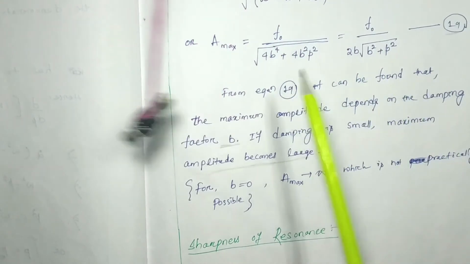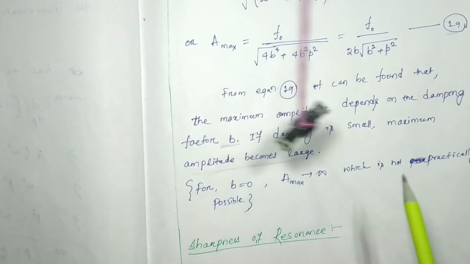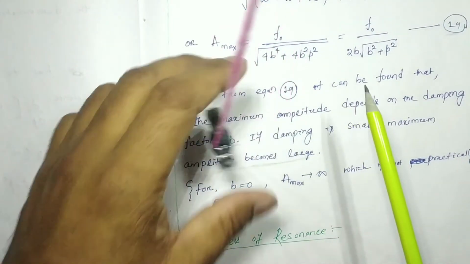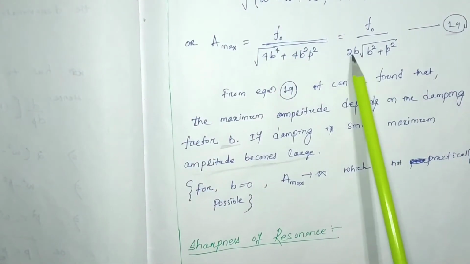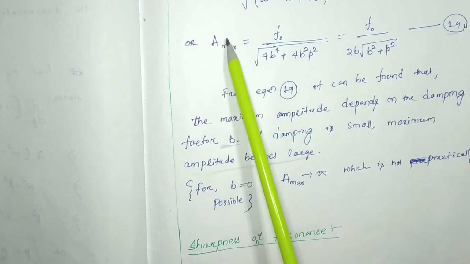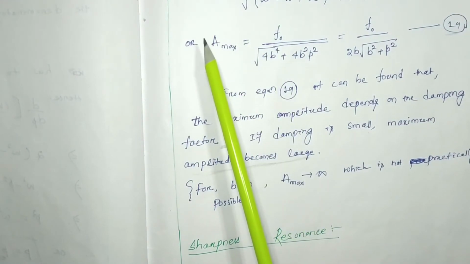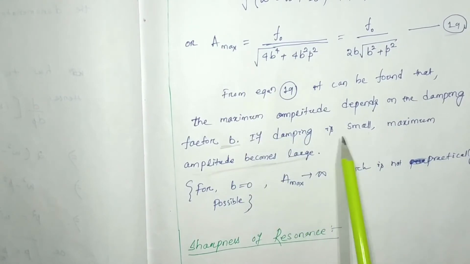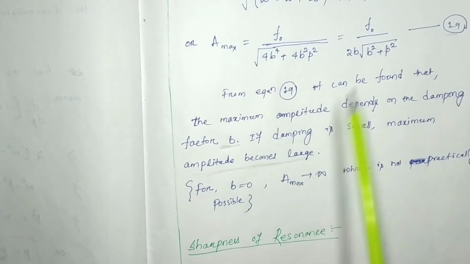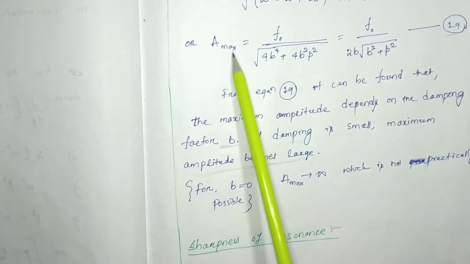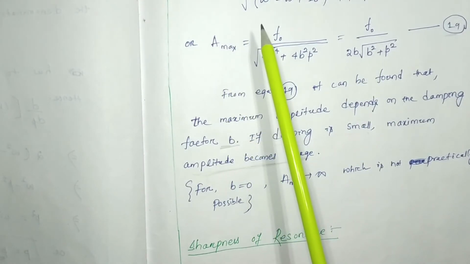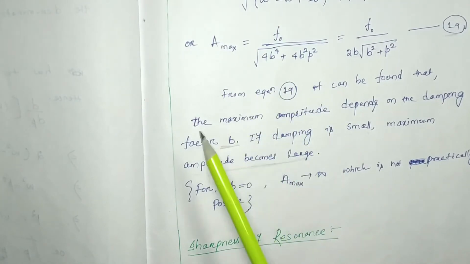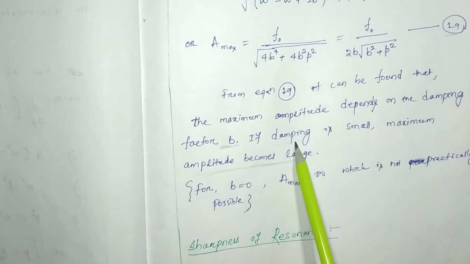Like that, if the surrounding resistance increases, the denominator also increases, and the maximum amplitude for that oscillation will be reduced. If the damping is small, if the b factor is small, obviously the maximum amplitude will be increased. So the maximum value of amplitude will be large if damping is small.